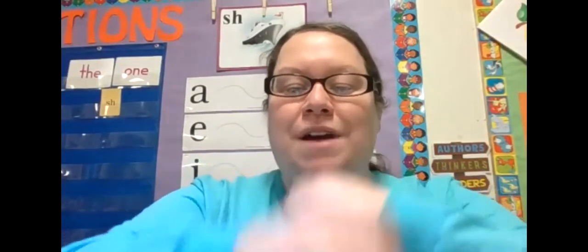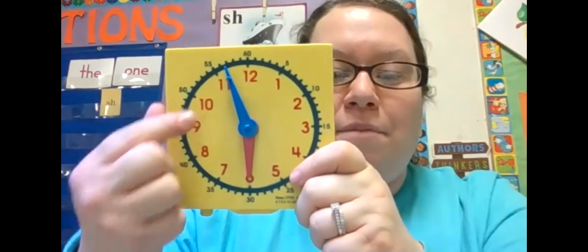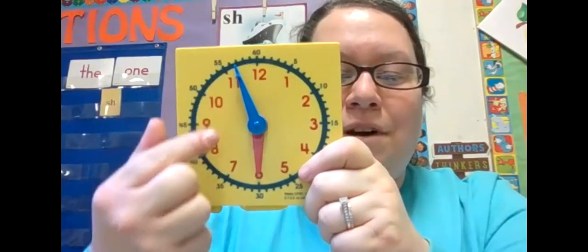The hands on the clock go round and round, round and round, round and round. The hands on the clock go round and round to tell us the time. The short hand on the clock goes from number to number, number to number, number to number.